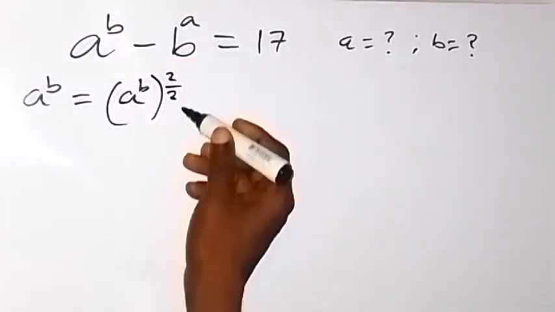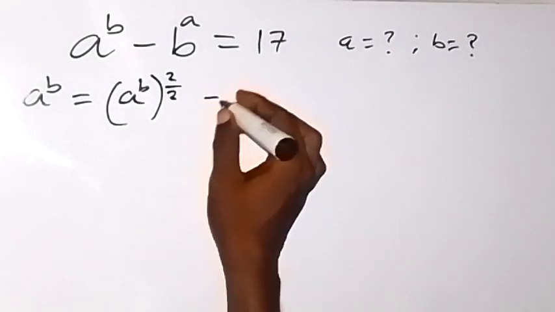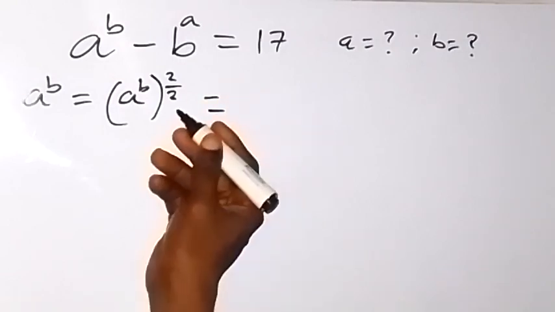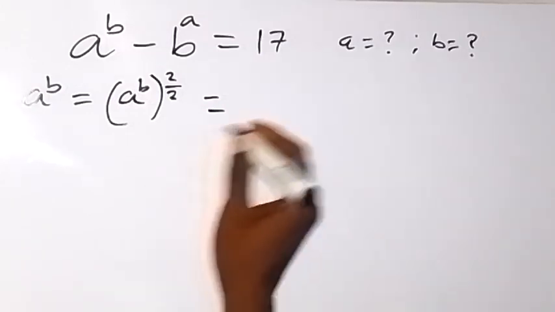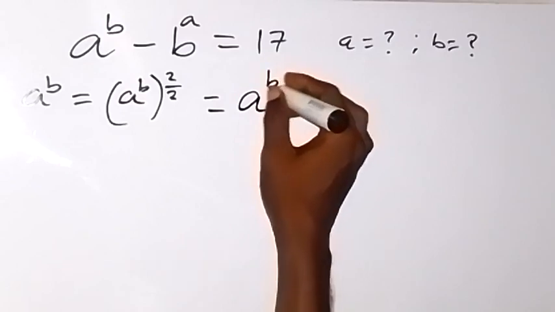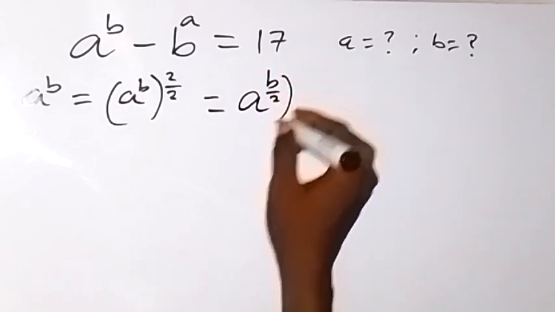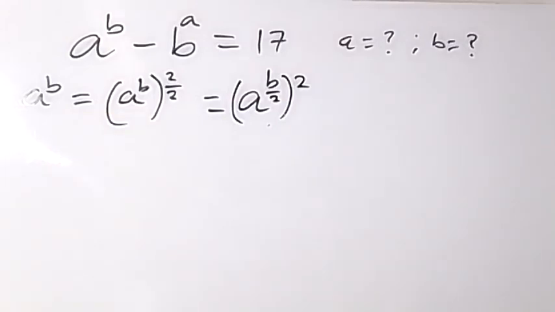So it's like we have not done anything here, because 2 over 2 is 1. Then from law of indices, when powers multiply each other, I can take it inside, and say this is a raised to power b over 2, then all raised to power 2. So I can write a raised to power b like that.